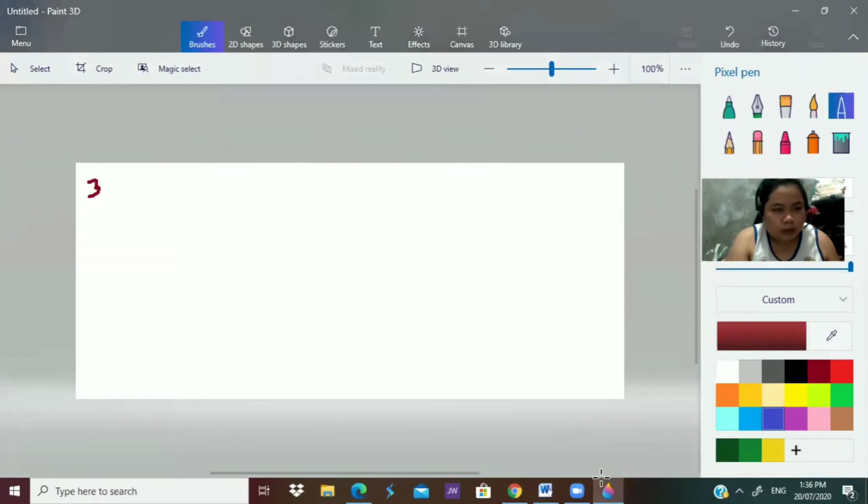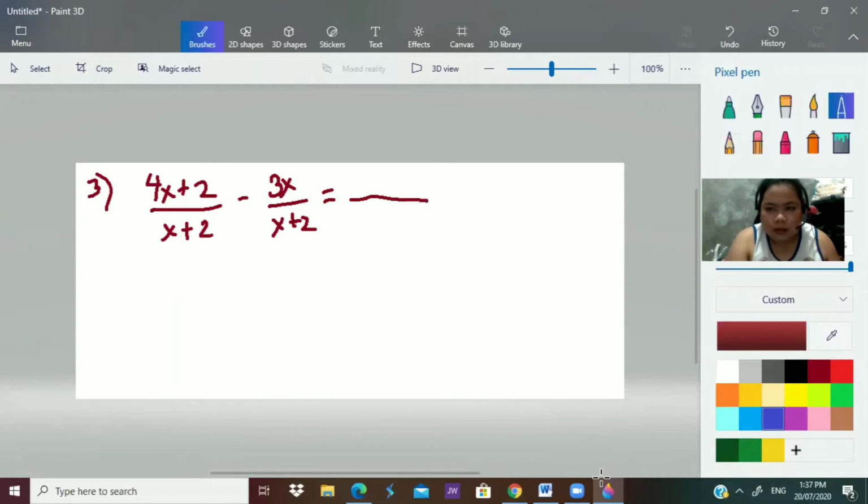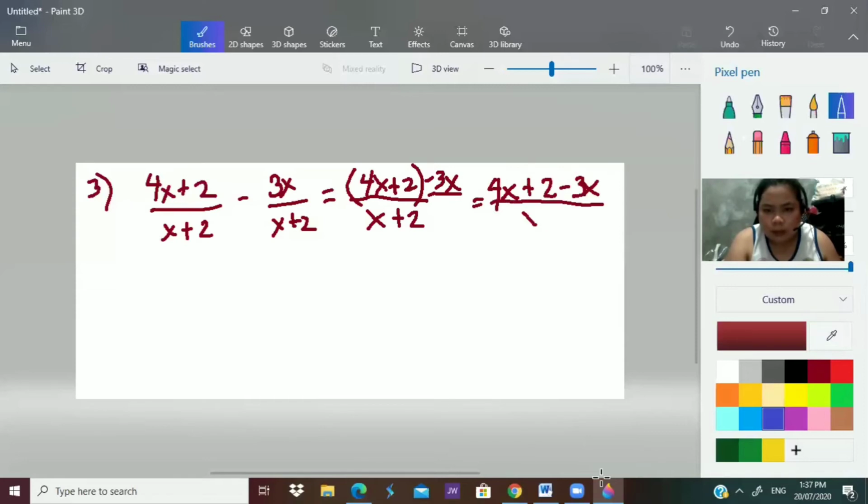The last example, 4x plus 2 over x plus 2 minus 3x over x plus 2. So copy the denominator. So you have x plus 2. Then you have 4x plus 2 minus 3x. So you have now 4x plus 2 minus 3x all over x plus 2.